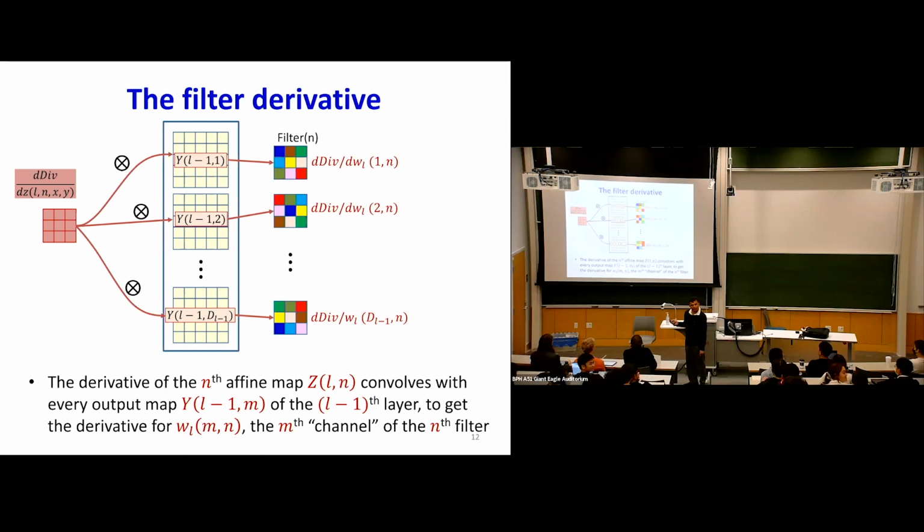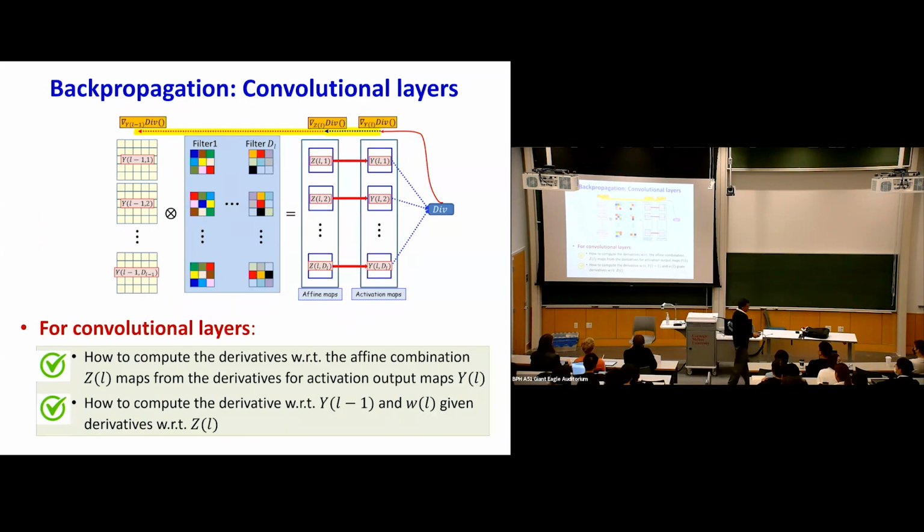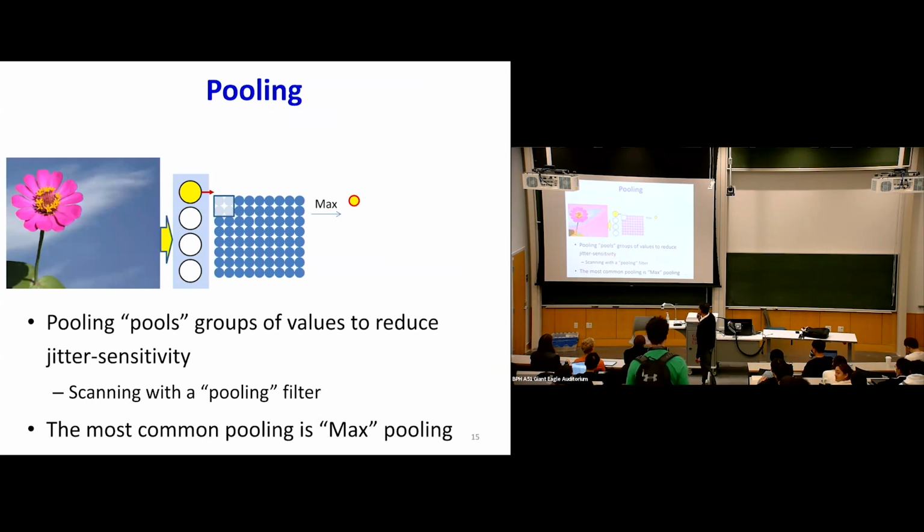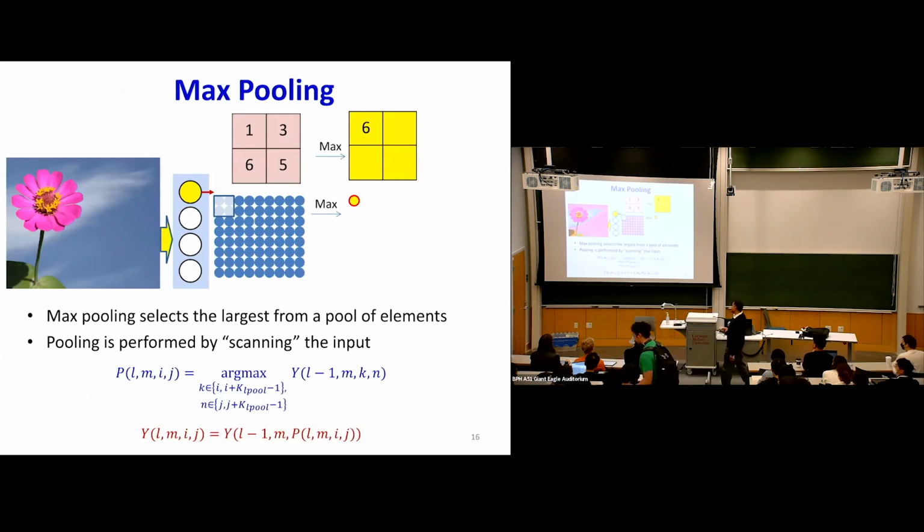Now, so we've got both of these. We've got how to compute the derivatives here and the derivatives for the filter. The other thing we saw was how to compute derivatives for pooling. Now, if you were performing max pooling, the max was actually picking the largest element in any window.